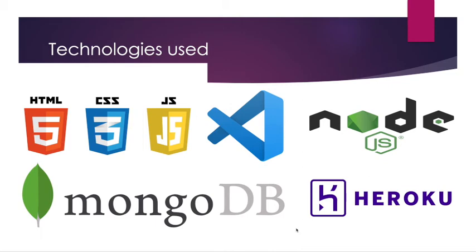As for the Heroku server, Heroku is a cloud platform that can be used in this project to deploy, manage, and scale the system. It is a platform that acts as a server technology that aids the processes of hosting the system online and making it accessible to the users.